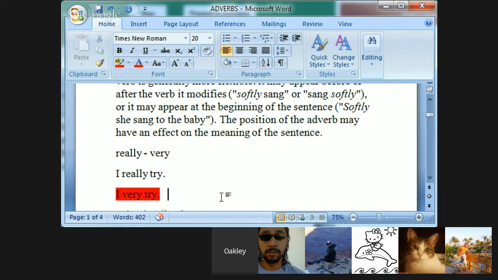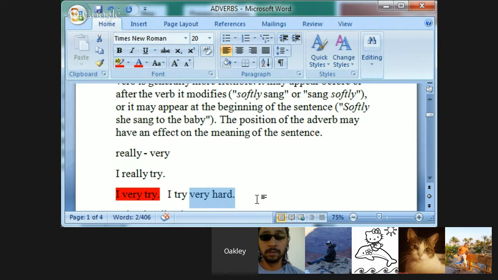If you want to say, I try very hard, I have no problem with that. This is an adverb adjective combination, and this is perfectly okay. Perfectly okay to use really or very with an adjective. Perfectly okay to use really or very with another adverb.